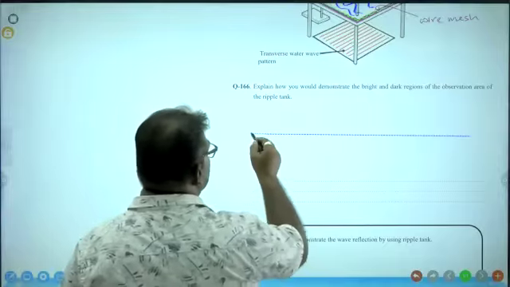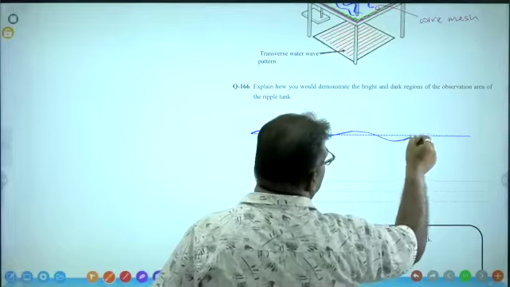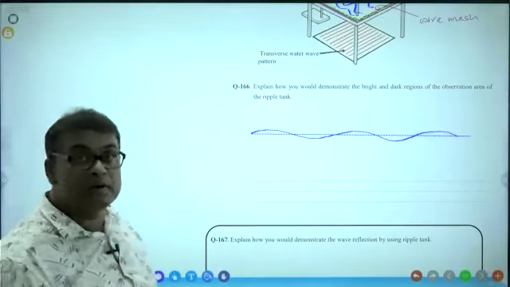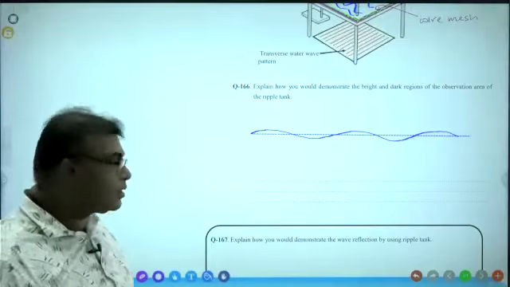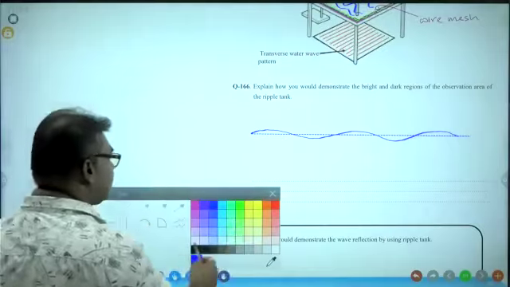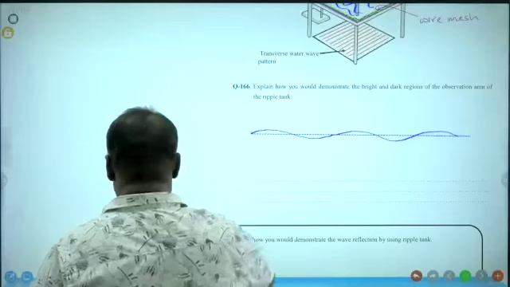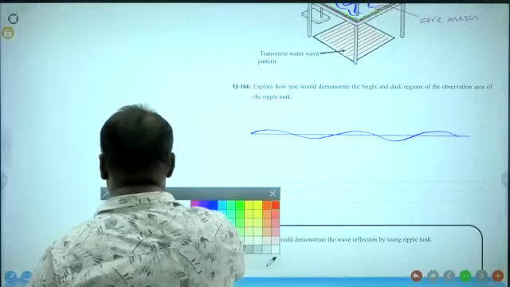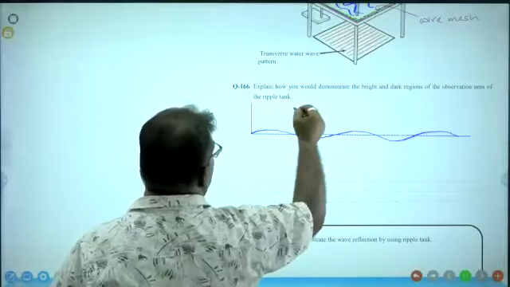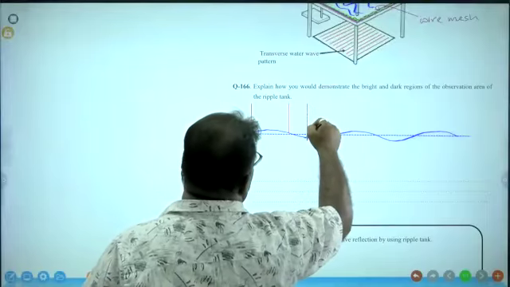here we can identify this kind of transverse wave nature due to the vibration of the vibrator rod. Then some light rays are hitting on the crest like this and the trough like this.